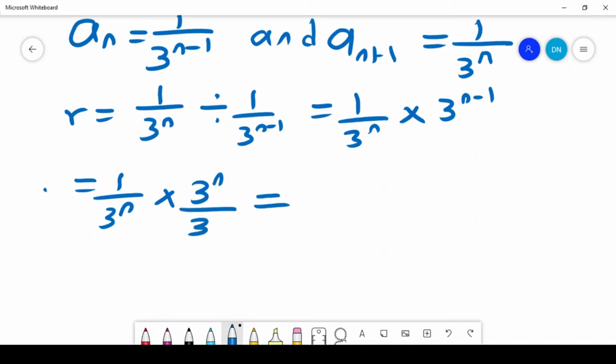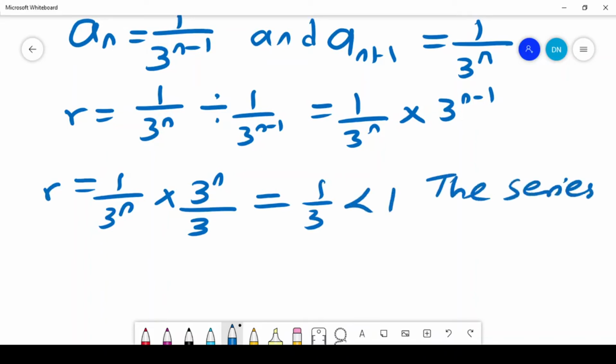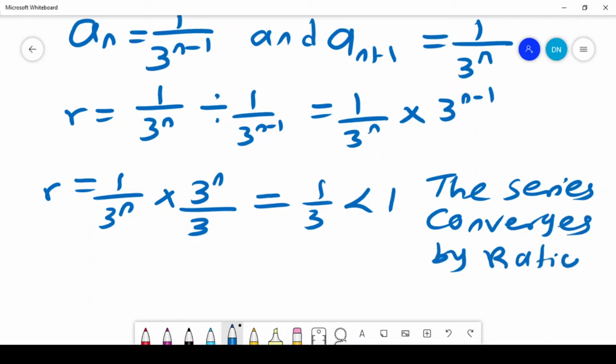And that tells me that my R is 1 over 3, which is less than 1. So the series converges by the ratio test. So the ratio test helps us to show that the series converges. That's the first thing that we have seen.